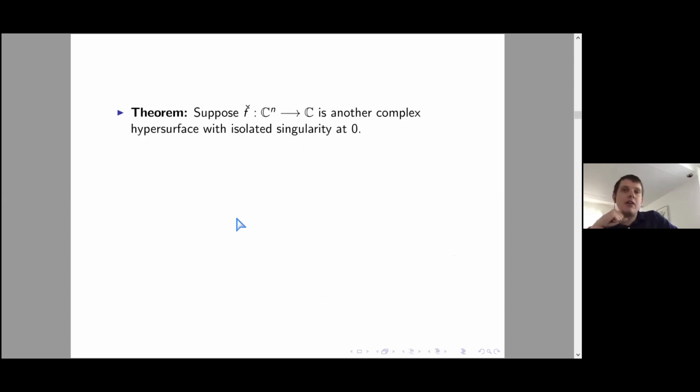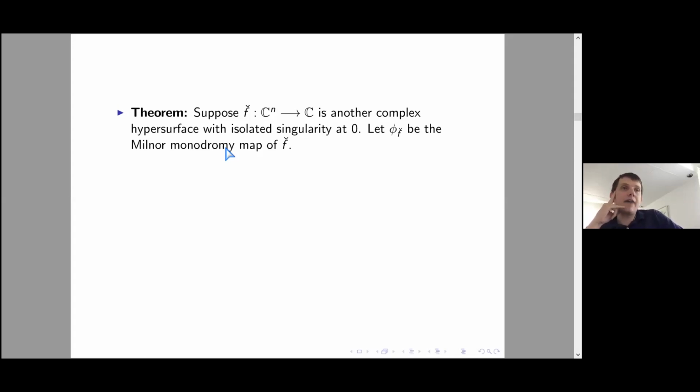Okay, and then I have a theorem, which is, suppose I have another polynomial with an isolated singularity at 0, just as above, so another polynomial just like f. And suppose I have the monodromy map phi check f.